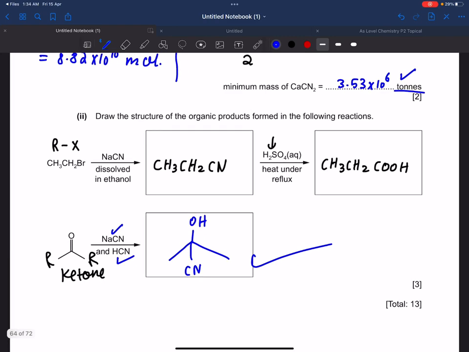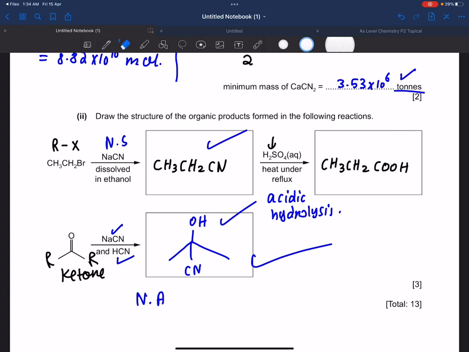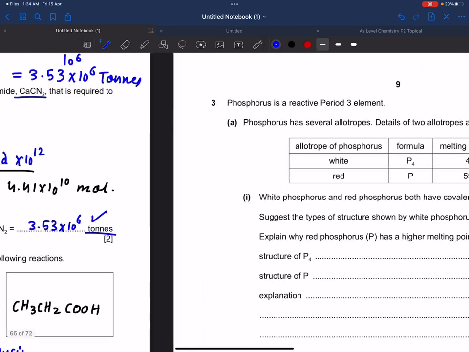This reaction is called nucleophilic addition. This is nucleophilic substitution, and this is acidic hydrolysis. You don't need to write the names, just telling you. Okay, this is correct, this is correct, and this is correct. That's how you have to do this. You have to draw those. This was out of 13. Next question.